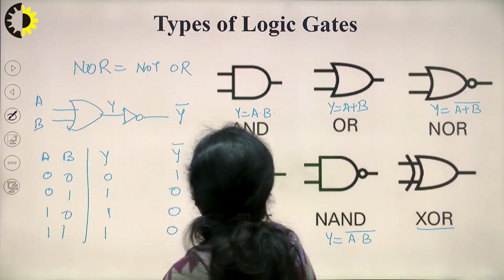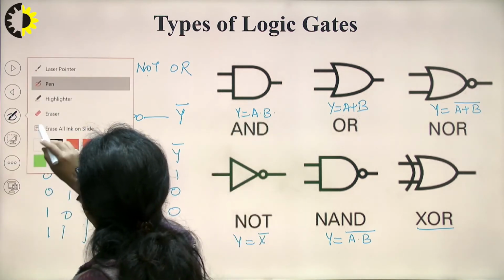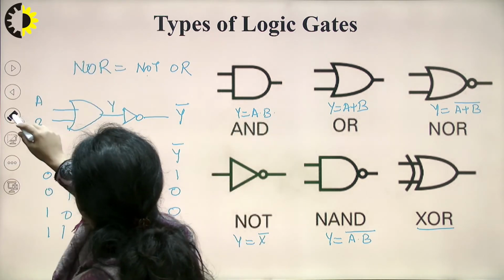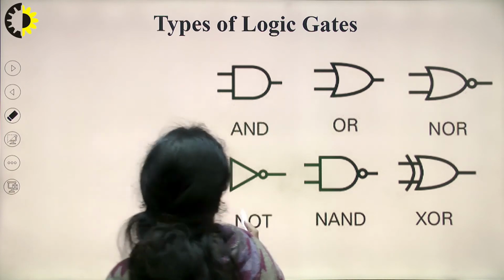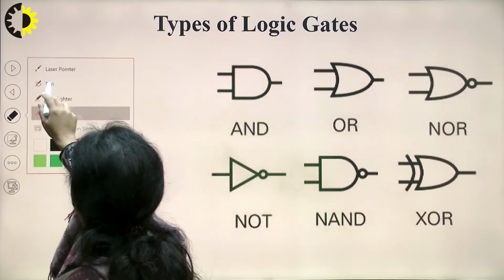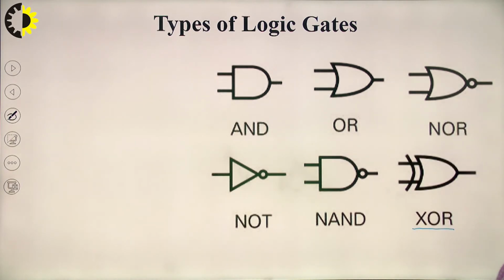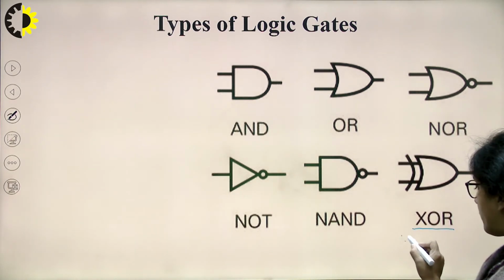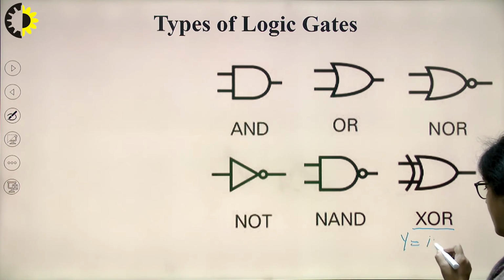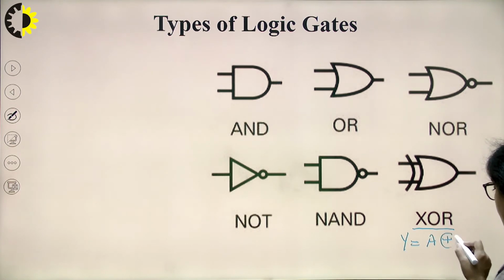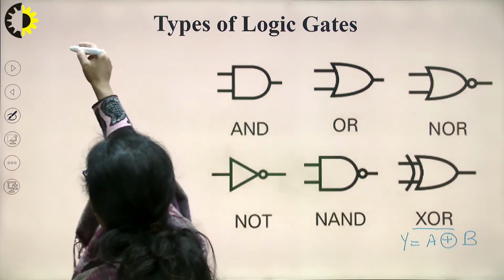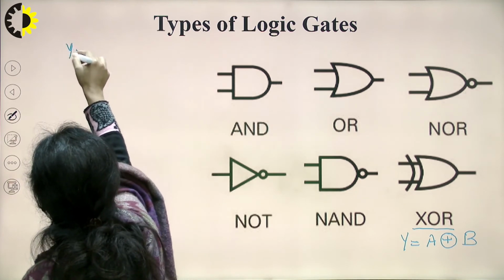Okay. So, now we are going to discuss the XOR gate. Okay, this XOR gate, the output Y is nothing but A XOR B. Okay, and how are we going to write this equation for XOR?